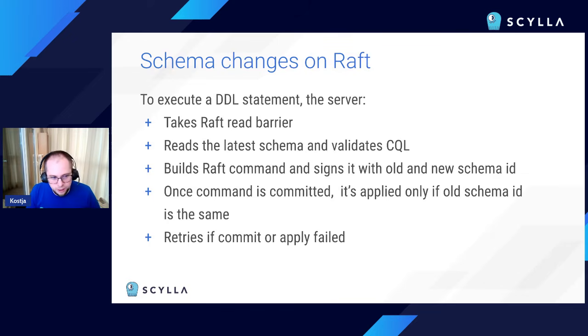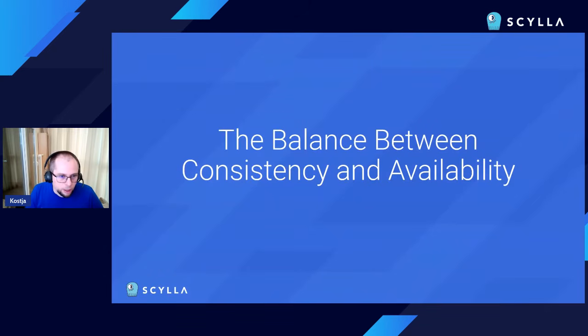In the worst case, the client can get a timeout because the majority of the nodes in the cluster are down. Having said that Raft requires a majority of the nodes to be live to perform schema changes, how did we define the new balance between the total availability of Scylla clusters and the requirement for majority set by Raft?